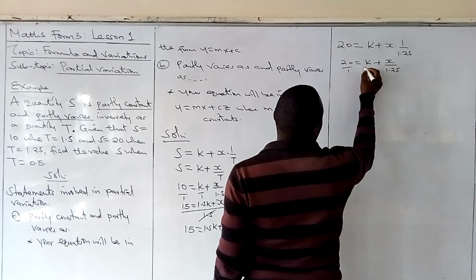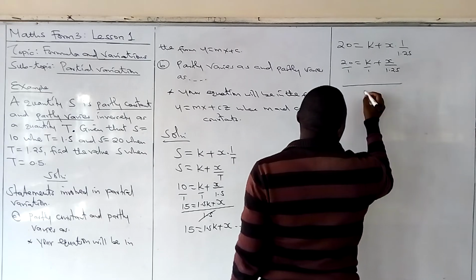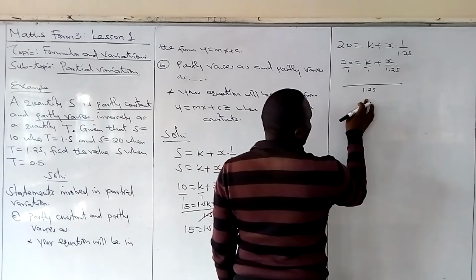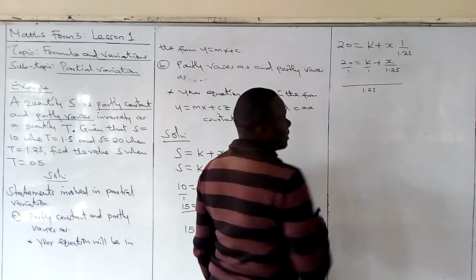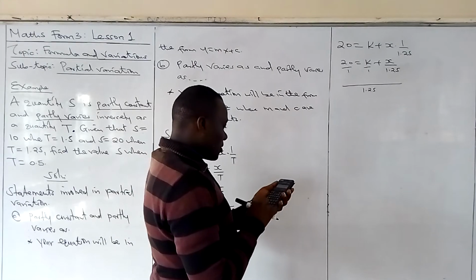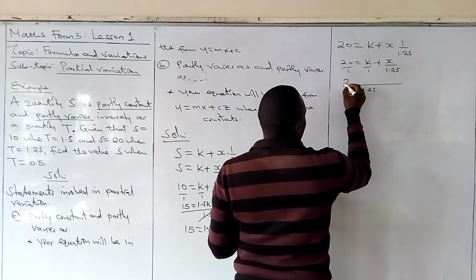We can say over 1 and over 1. Our LCM is 1.25. 1 goes into 1.25, 1.25 times. So times 20, times 1.25, we get 25.